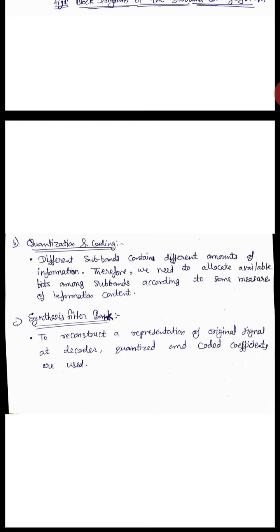The decoded values are then upsampled by inserting an appropriate number of zeros between samples. These upsampled signals are passed through a bank of reconstruction filters, and the number of samples per second has been brought back to the original rate. This is the basic algorithm of subband coding.